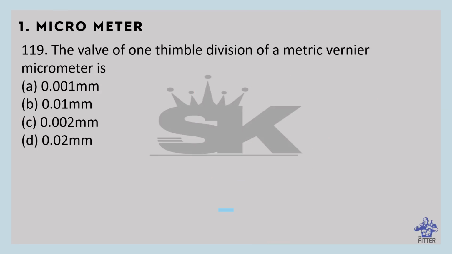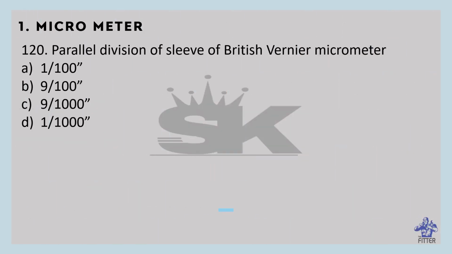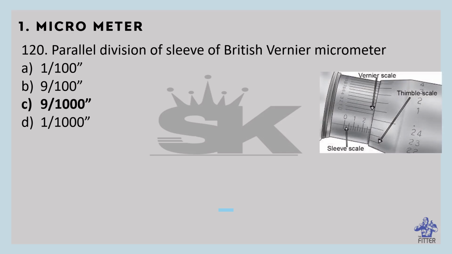The value of one thimble division of a metric vernier micrometer is 0.01 mm. The parallel division of the sleeve of a British vernier micrometer is, so that is option C, 9 by 1000. You can see here this is the British vernier micrometer, and this is the sleeve scale, the main scale, and the thimble scale.